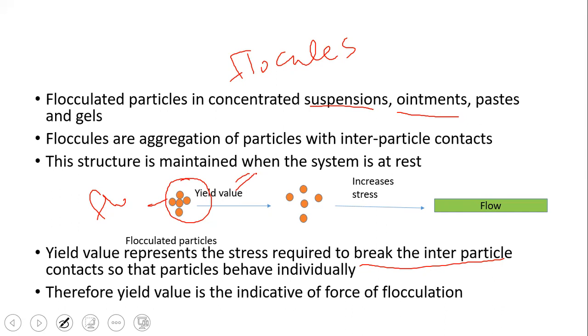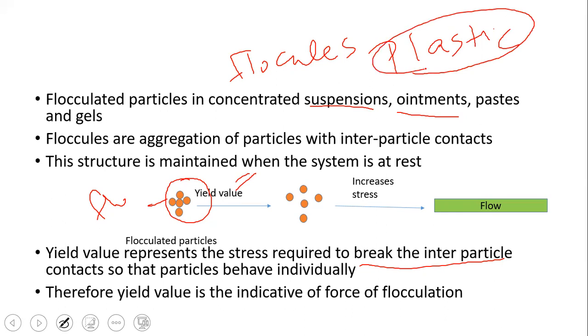Further increase in stress will lead to the suspension flowing. So this type of material is known as plastic material. A flocculated particle system shows a plastic flow type.